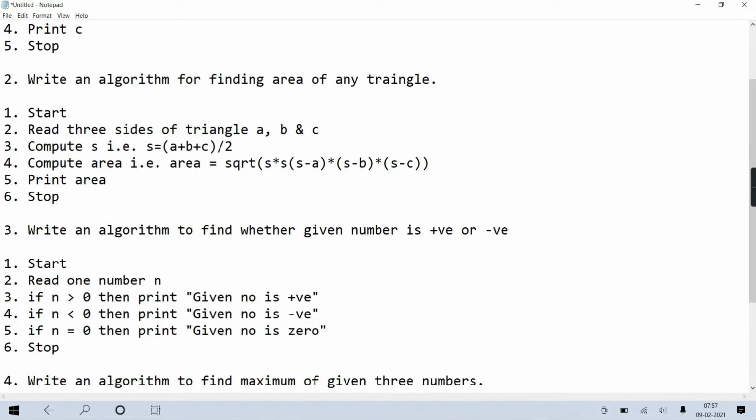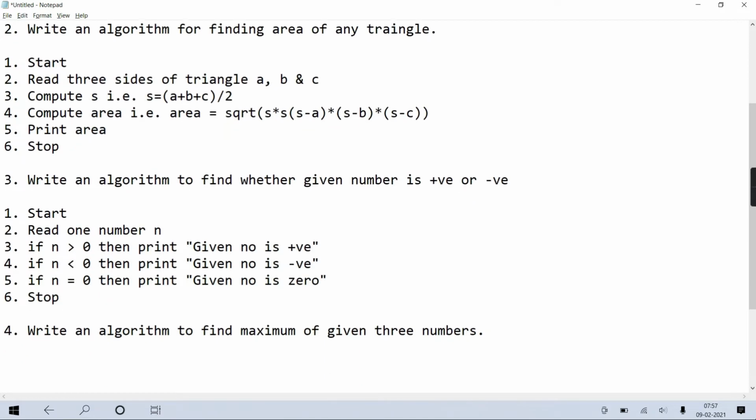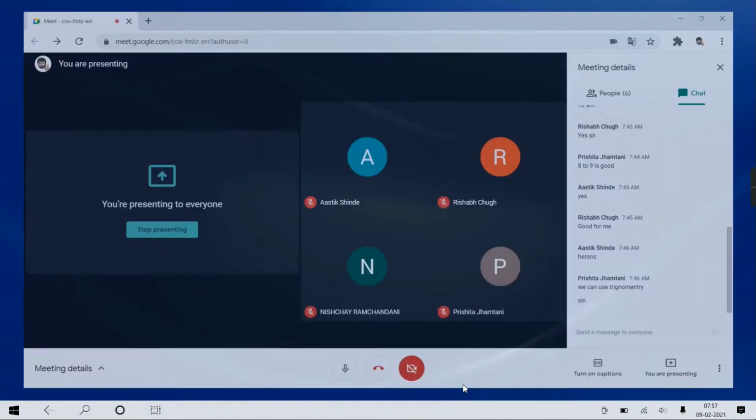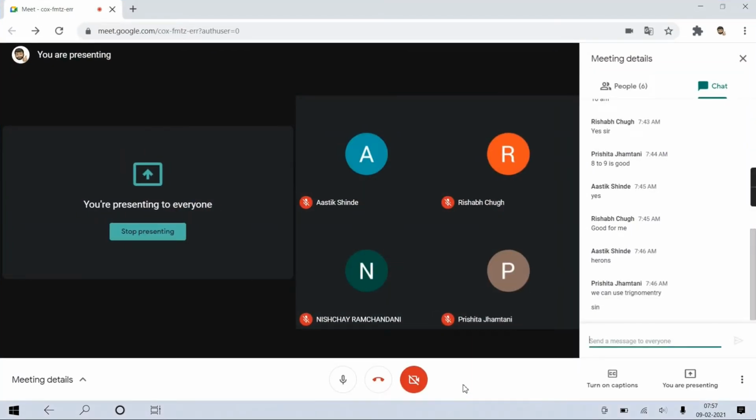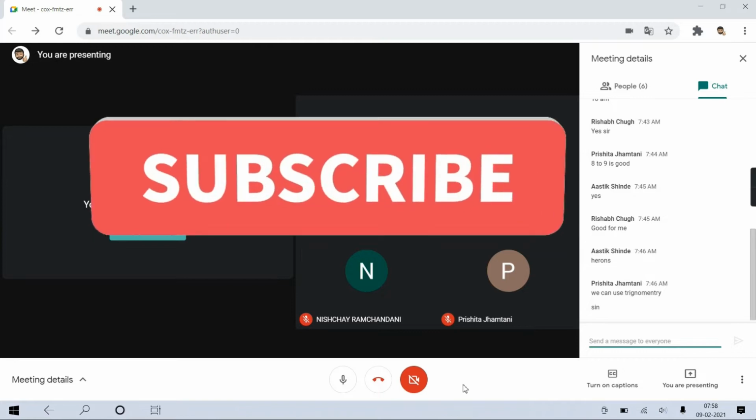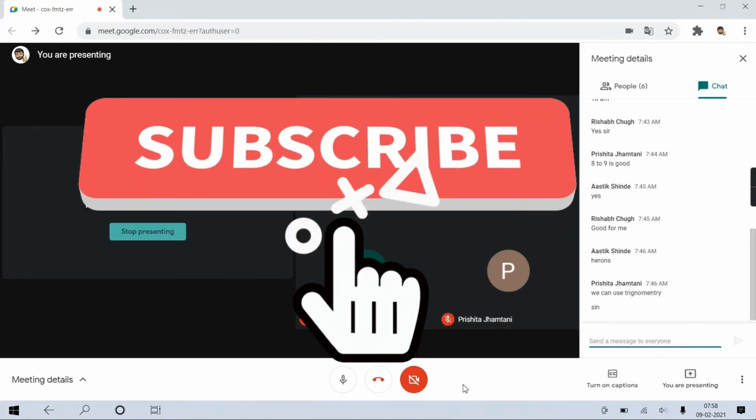So I'm going to give 3 numbers and I want to find out the maximum of those 3 numbers. Can you solve it? Take some time, take 2 minutes, and try to find a solution for it. You have to accept 3 numbers and then check who is maximum.